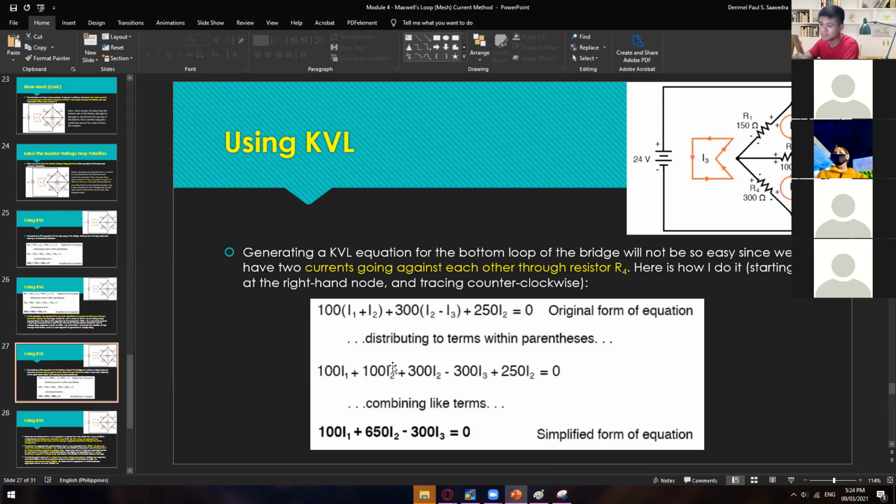Just distribute, and then combining the similar terms, you will have 100 I sub 1 plus 650 I sub 2 minus 300 I sub 3. So are we clear with equation number 2? Yes, sir. Okay.